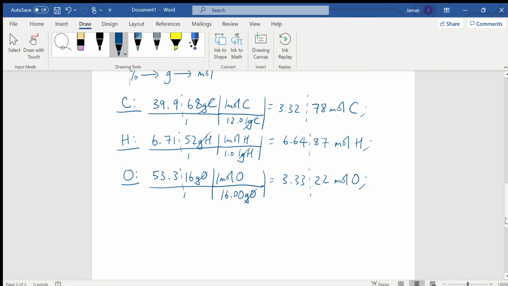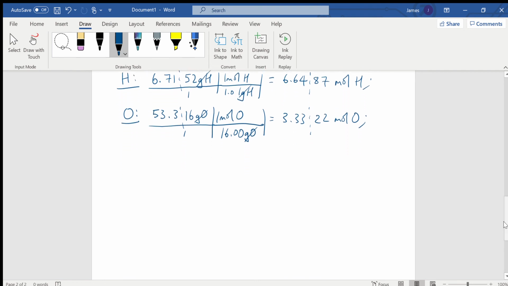Okay, so everything is like empirical formulas now. But let's show our workings like good chemists. So far I know I've got C 3.3278, H 6.6487, O 3.3322.